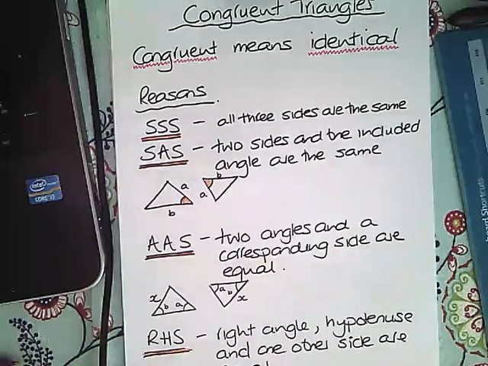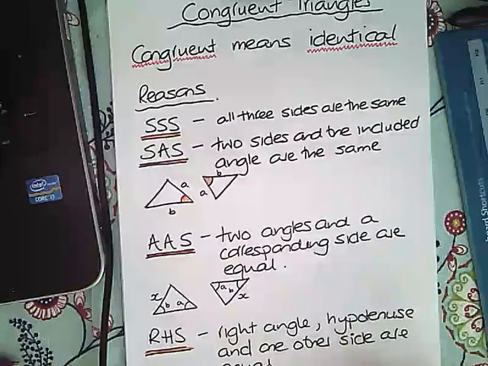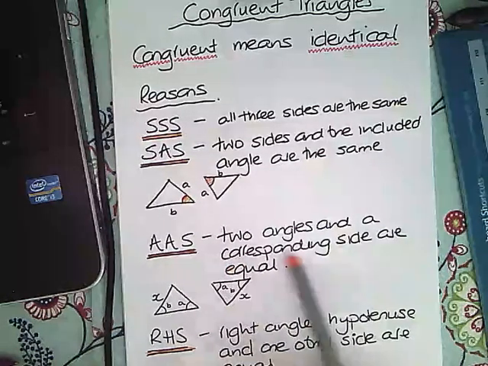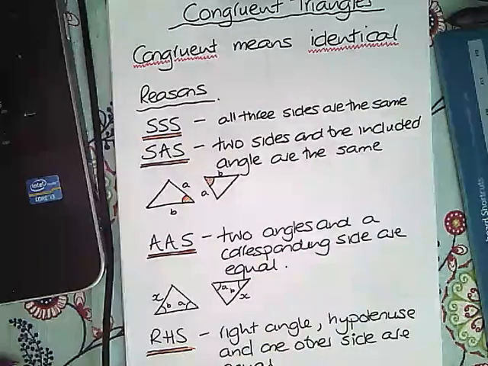The third condition for congruence is if you have two angles that are the same and one of the sides in the triangle in the same position, then those are also congruent triangles. And what we mean by a corresponding side, so that's the side in the same position, is we've got our two angles here.